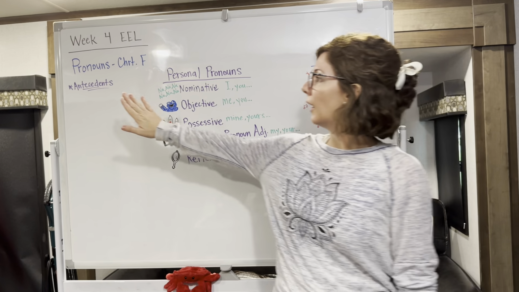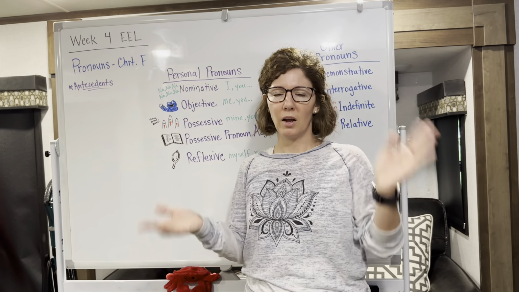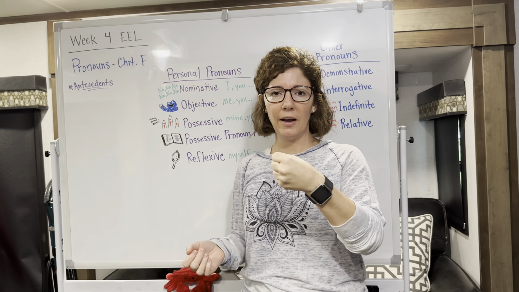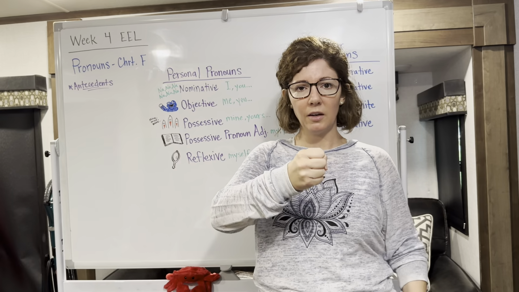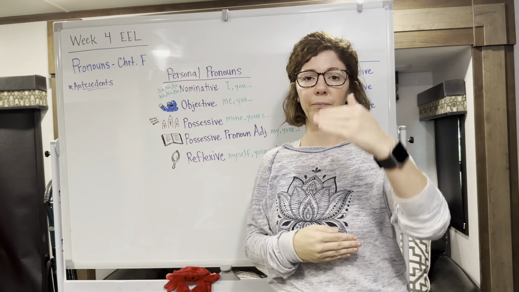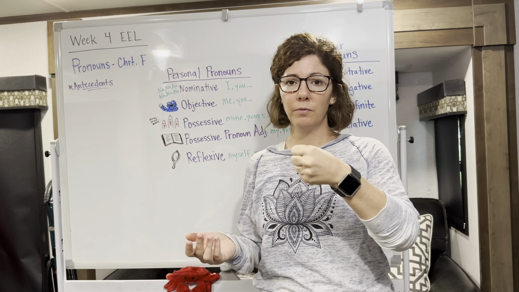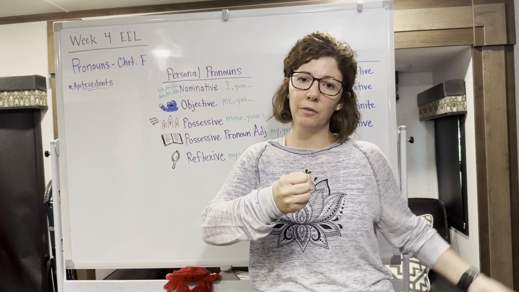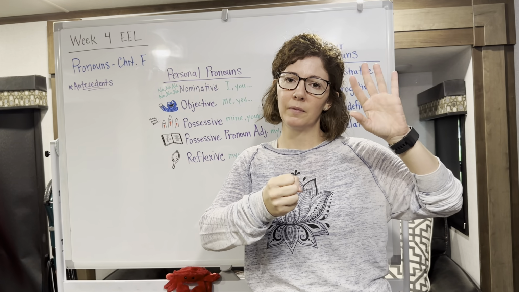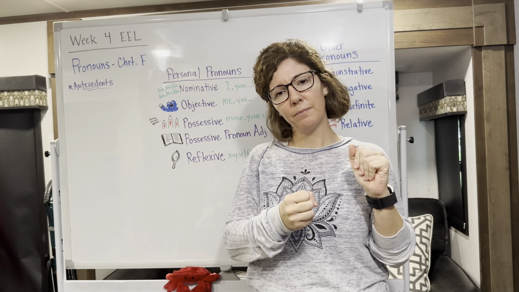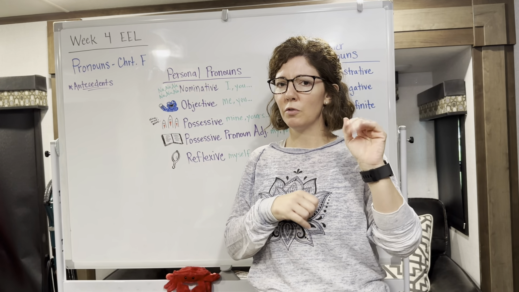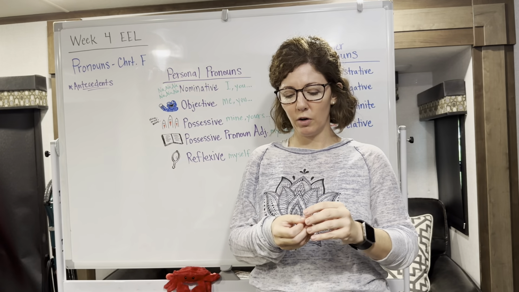We know that a noun is here and a pronoun comes in and replaces it in order to avoid repetition. The noun that's replaced with the pronoun becomes the antecedent. So that would be what you use to determine the attributes of your pronoun.